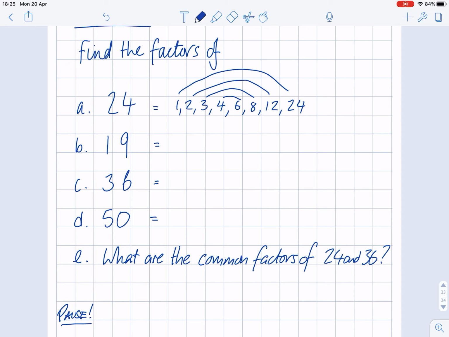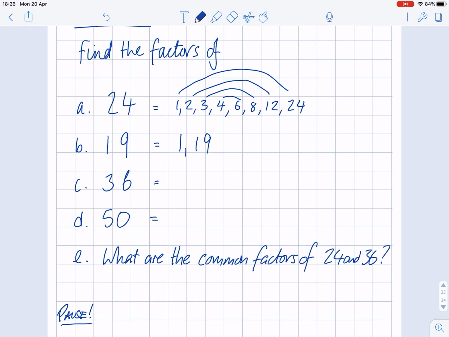Factors of 19 are just 1 and 19. Now, you should have realised, or maybe you didn't, don't worry if you didn't, but 19 is a prime number. So 19 only has 2 factors. It is only divisible by 2 numbers, 1 and 19. Every single prime number in the world will only have 2 factors, okay?